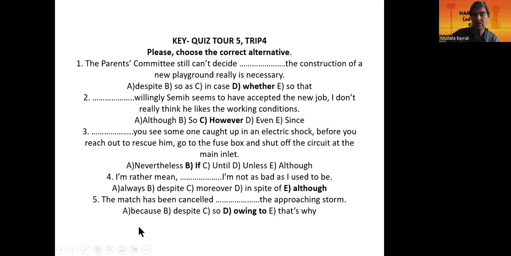After because we should use a clause, but after because of or owing to, we use a noun, a pronoun, objective pronouns, or verb-ing, or noun clauses. Yes, the match has been cancelled owing to what is approaching. What is approaching? Owing to what is approaching.